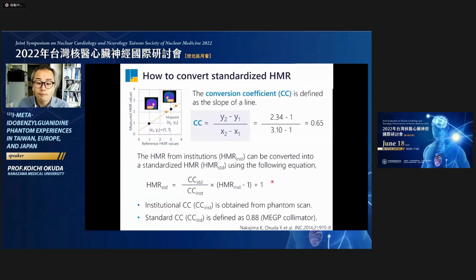The conversion coefficient for the institutional camera collimator system is determined by phantom scanning, and the standard conversion coefficient is defined as 0.88 for the MEGP collimator condition. In other words, all institutional HMRs will be adjusted and unified to a standard gamma camera with an MEGP collimator condition.